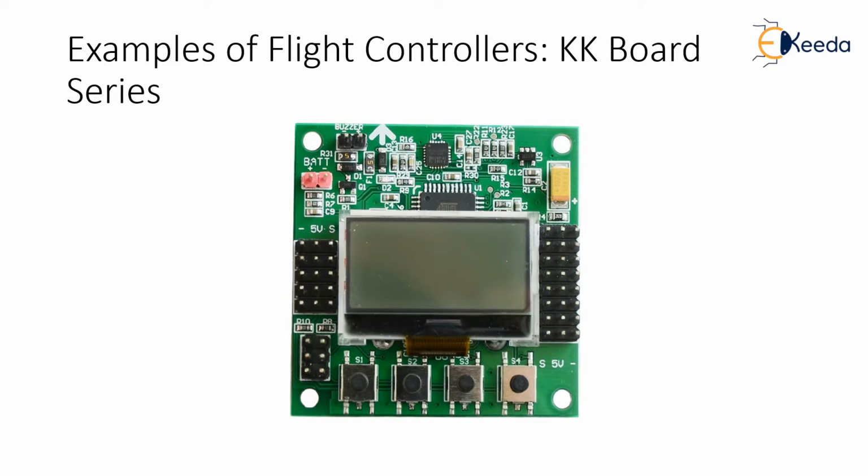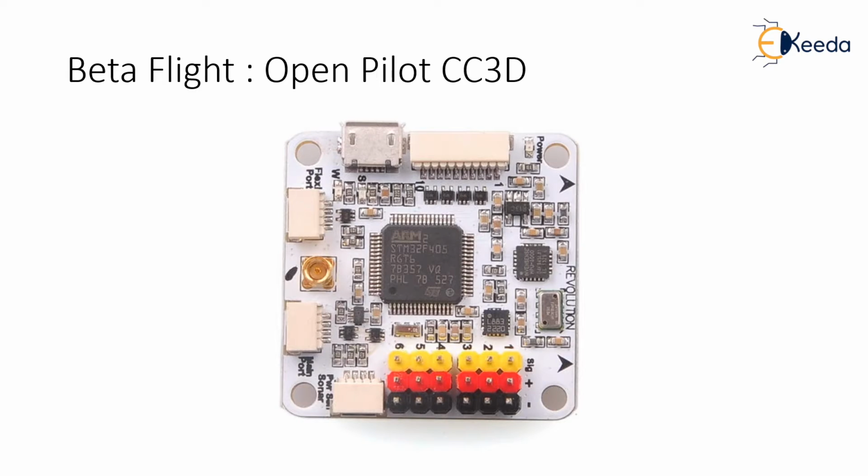The KK board series have low voltage needs, that is 3 to 3.5 to 5 volts, and support battery elimination circuits too. It is one of the few boards which also supports camera gimbals that keep photography cameras on the drone stable in midair. CC3D flight controllers are all types of stabilization hardware that run the OpenPilot firmware.